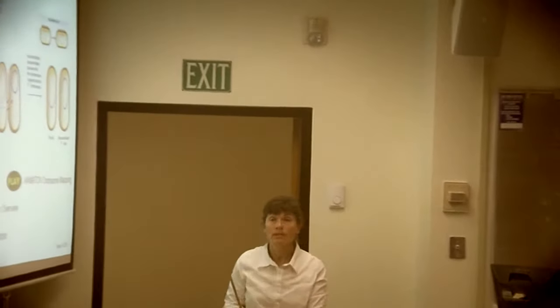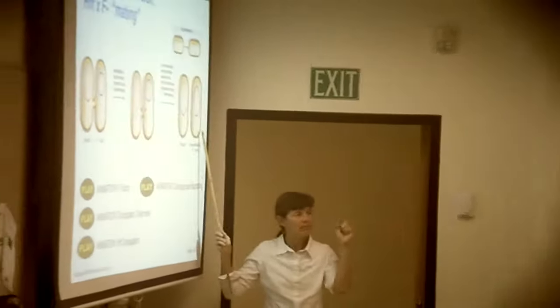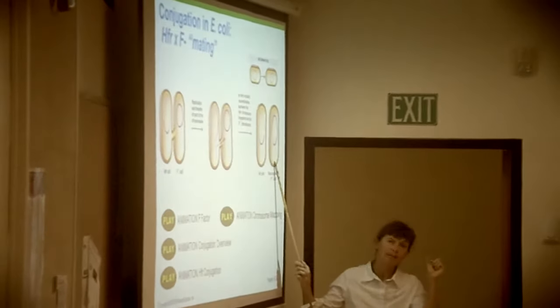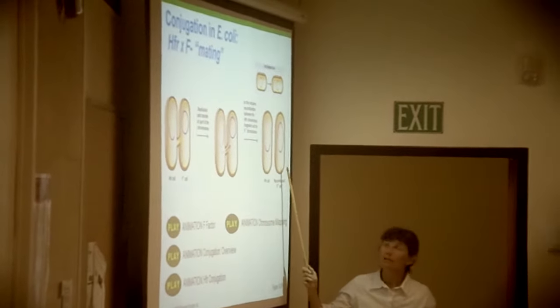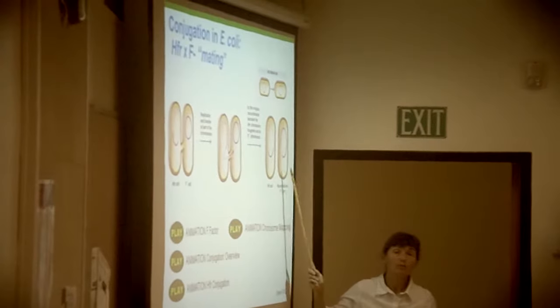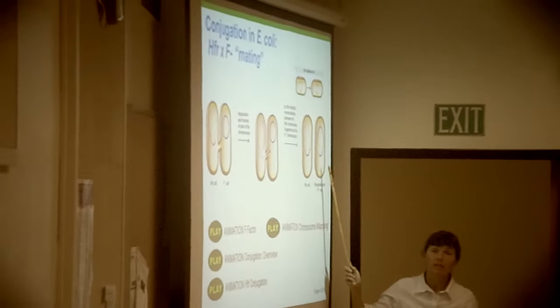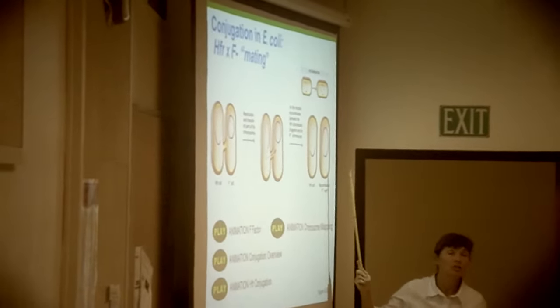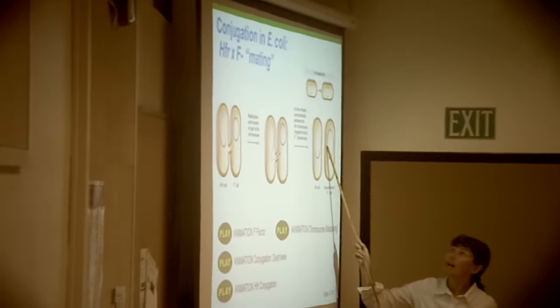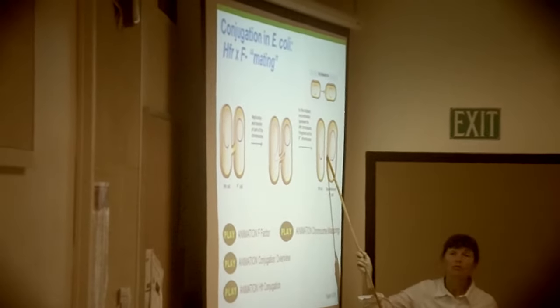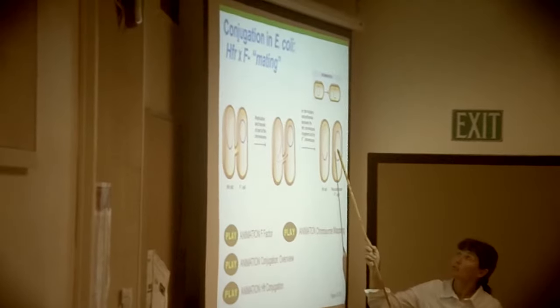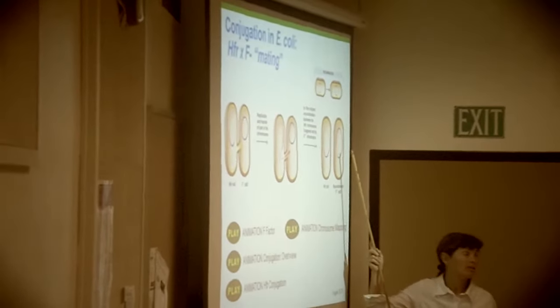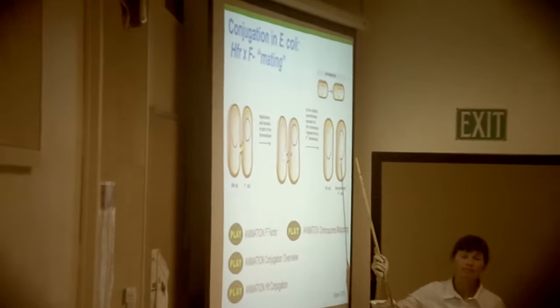So as a result, usually in HFR matings, the recipients remain F negative. They have to have both parts of the F factor to be true donors, right? So in interrupted matings, usually the recipient remains F negative, but what has she acquired? She has acquired some donor chromosomal DNA. And again, this chromosomal DNA would have to insert itself by homologous recombination.